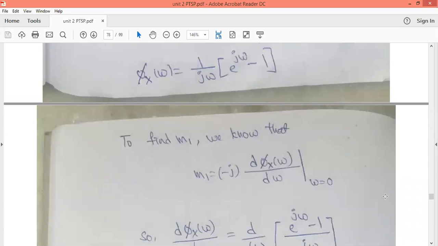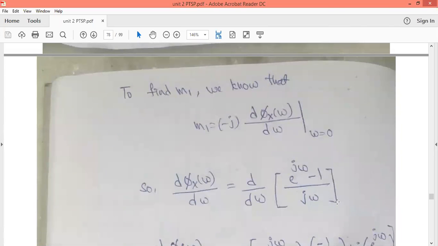Now we have to find the first moment about the origin, m1. What is the formula to find m1? m1 is equal to minus j times d phi x of omega by d omega, at omega equal to 0. So find d phi x of omega by d omega.